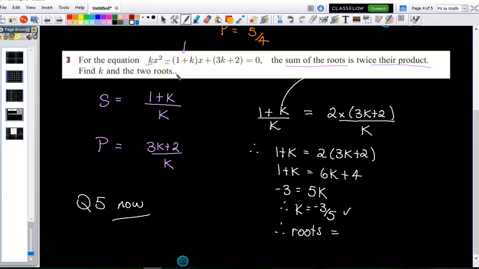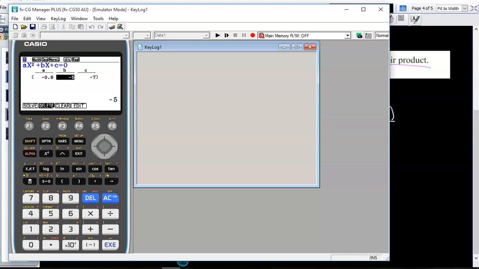What's my b value? Minus bracket 1 plus k. So again, I'm going to go minus bracket 1 plus, what's k? 3 over 5. Enter. No quadratic formula, no having to fool around with stuff. I don't even have to work out what 1 plus k is. Forget it. 3k plus 2, 3 times minus 3 over 5.